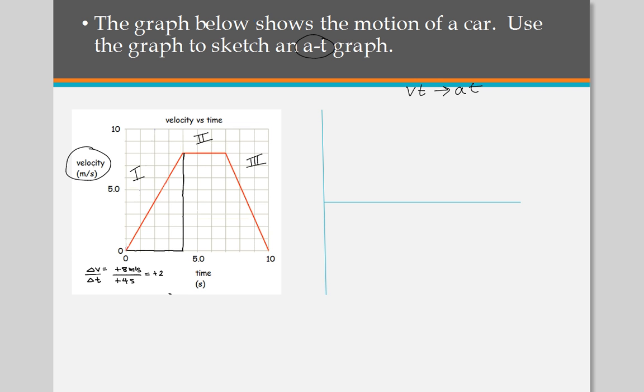I get positive 2 meters per second squared. That is tiny. I apologize for the tiny writing. I should have that fixed by tomorrow. I just don't want to troubleshoot in front of you guys. It's 8 over 4, positive.